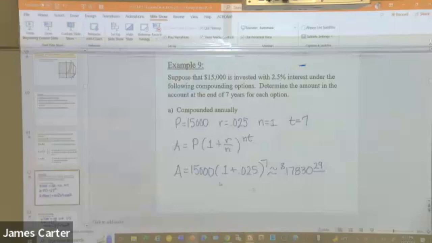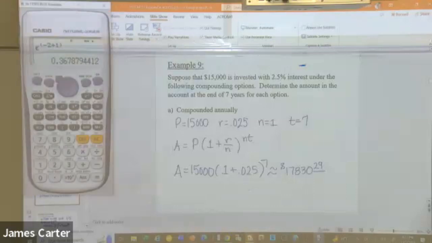Now you put all this in your calculator. Let's do that. I'm basically going to put in this string of values.